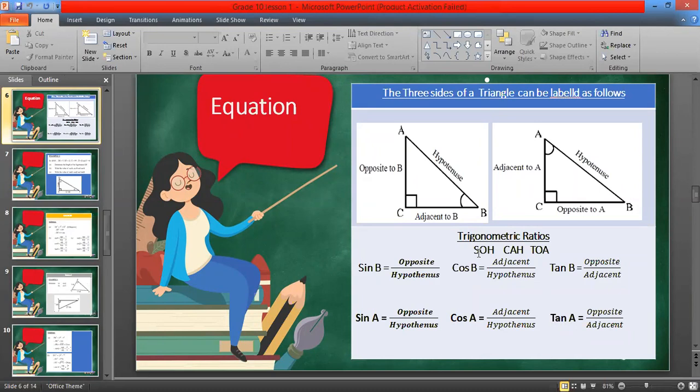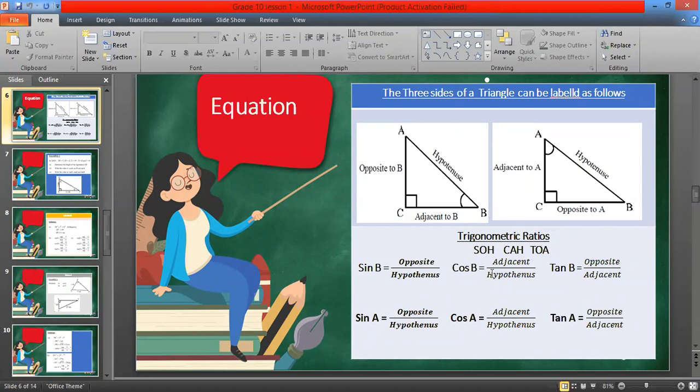To find sine is opposite over hypotenuse, cosine is adjacent over hypotenuse, and tangent is opposite over adjacent. So SOHCAHTOA, please don't forget that.